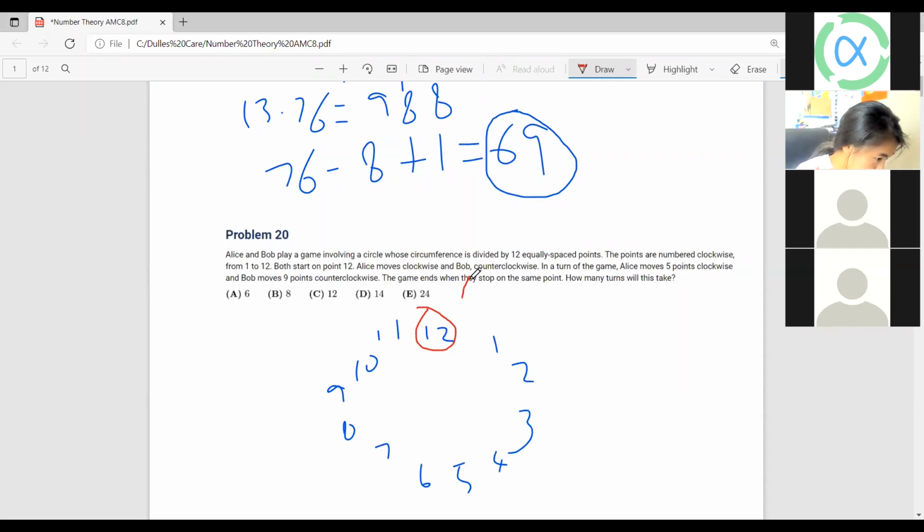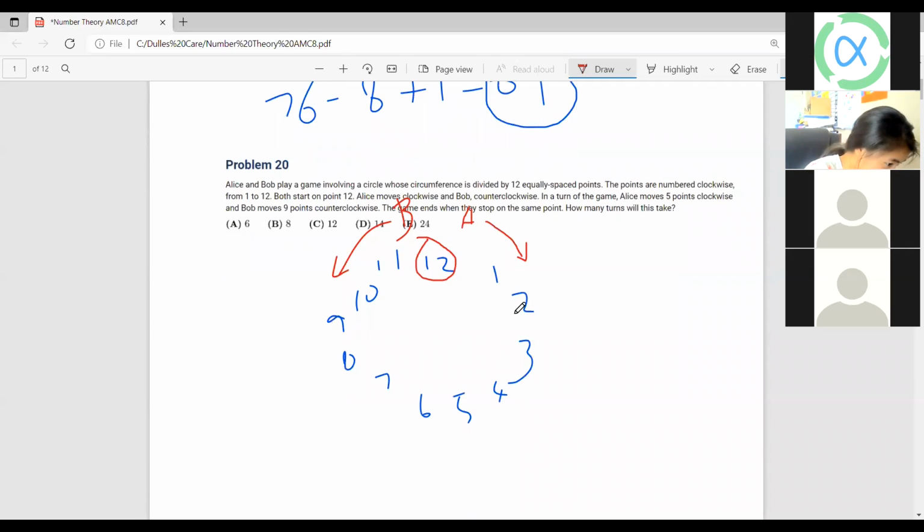Alice, A, moves clockwise, while Bob, B, moves counterclockwise. If Alice moves 5 points clockwise and Bob moves 9 points counterclockwise, the game ends when they stop on the same point. How many turns will this take?